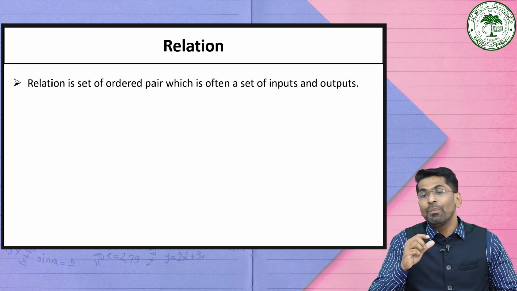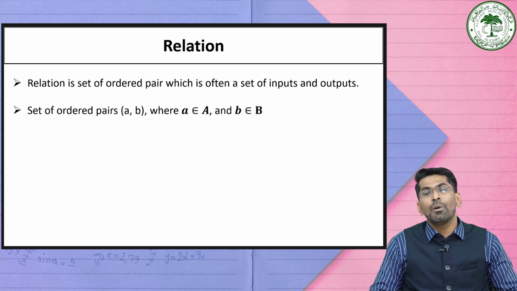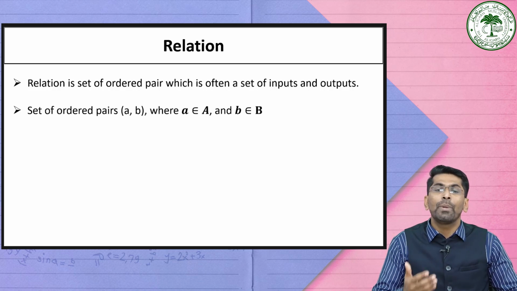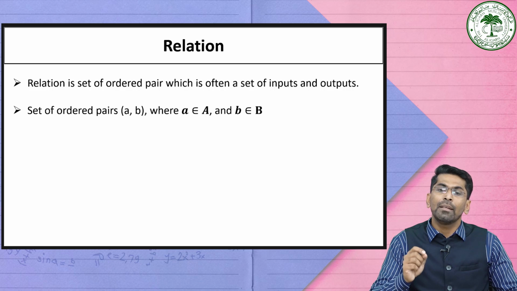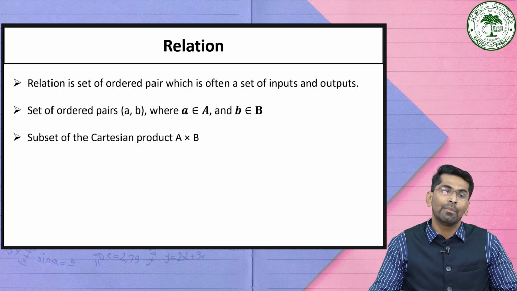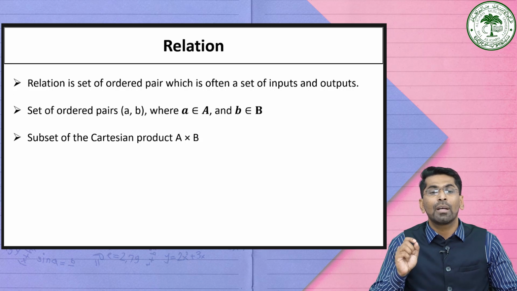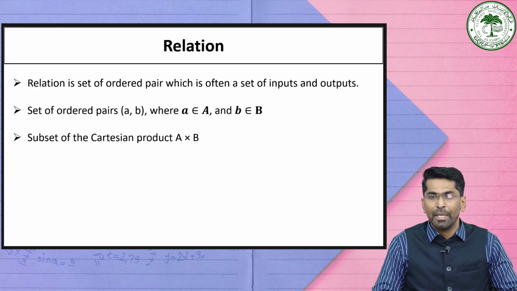A relation between two sets, for example set A and set B, is the set of ordered pairs (a, b), where a is an element from set A and b is an element from set B. This relation is a subset of the Cartesian product A cross B. So a relation will be a set of ordered pairs where a belongs to set A and b belongs to set B.